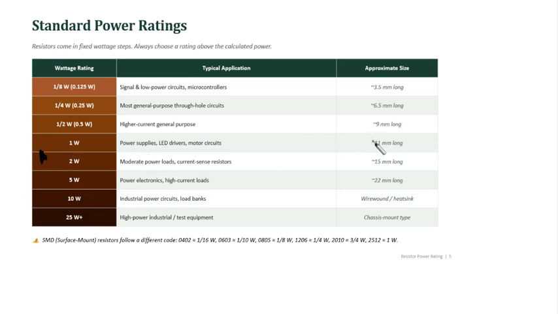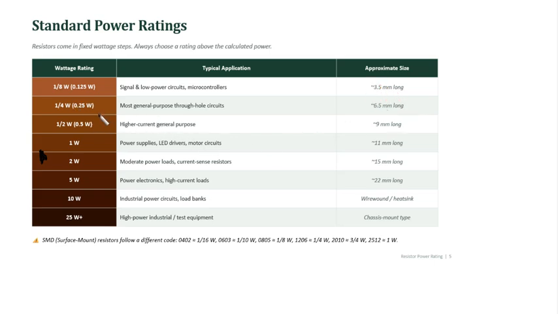This information usually is gotten from the data sheets that accompany the resistors, or the information that comes with the resistors, and also by observing the sizes. Very low power rated resistors are used for signal and low power circuits, microcontrollers. Usually these resistors are of this size, 3.5 millimeters long.